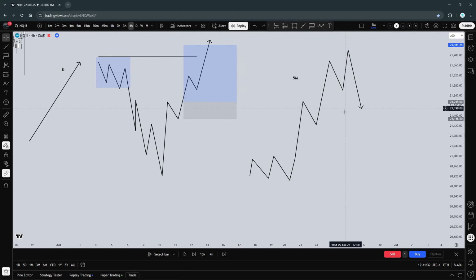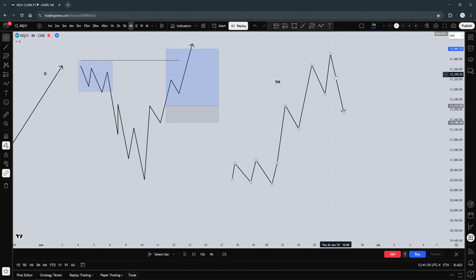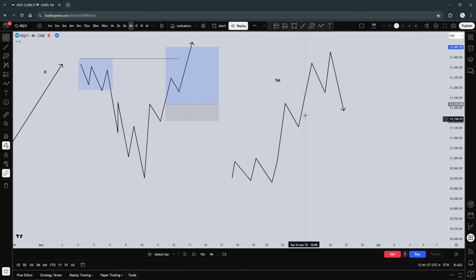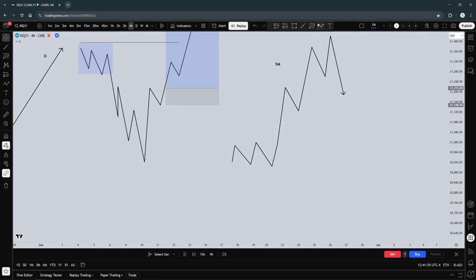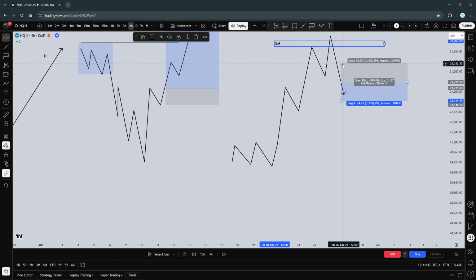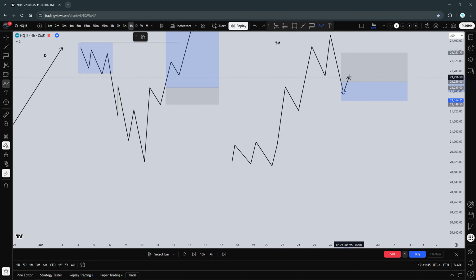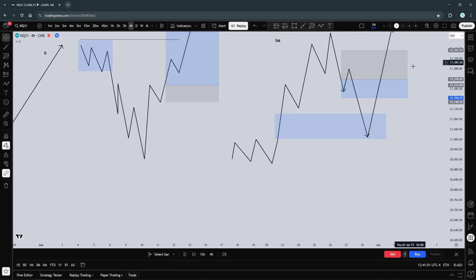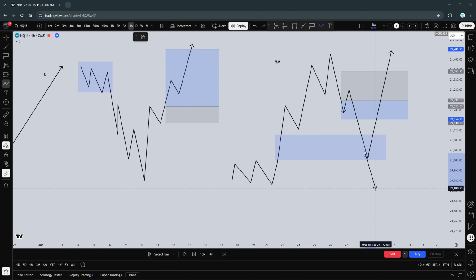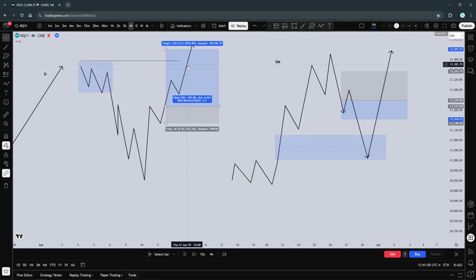On the 5 minute, if we get a retracement into here, we're going to expect that, let's say we're trying to short in here, we know that more than likely that market maker model will finish inside this area here and respect it to go higher, as opposed to coming down and taking sell side, because the higher time frame market maker model is bullish, right? The direction is bullish.